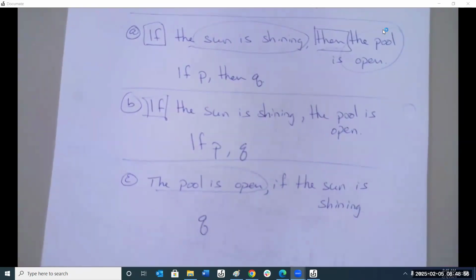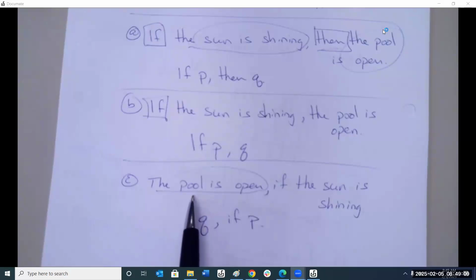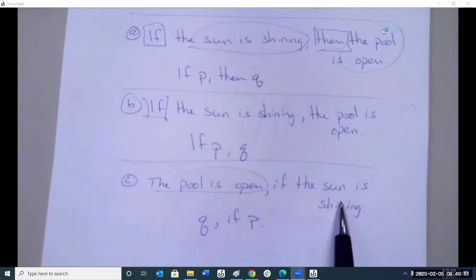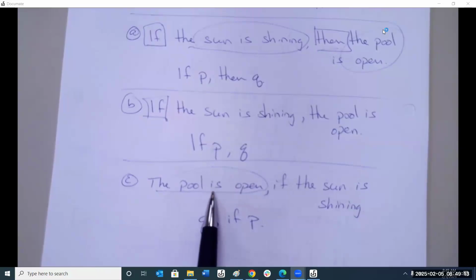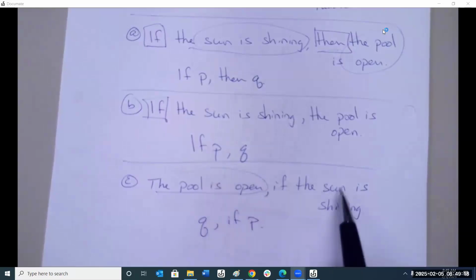So that's Q. If P. You don't always have to start off with P. You can look at the condition, and then here's the conditional. The pool's open. That's the conclusion. If it's sunny.